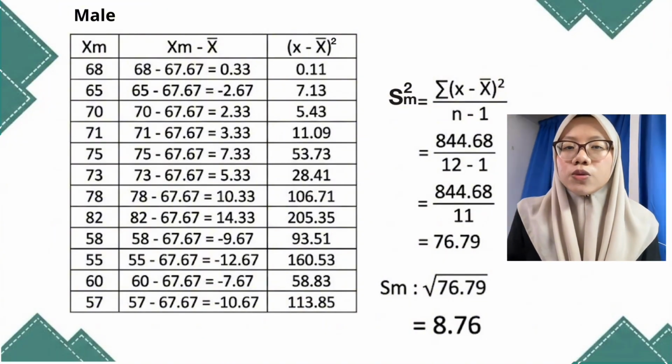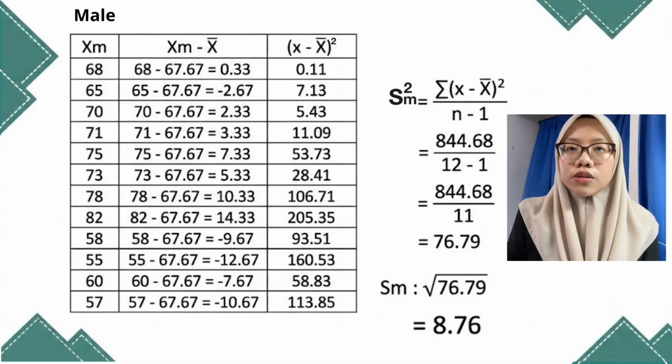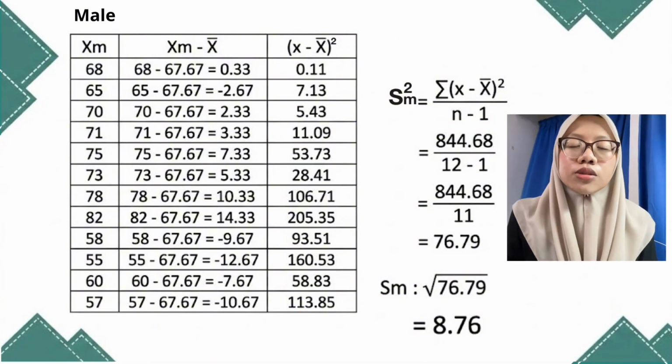All the squared values are added together, giving us a total of 844.68. Then, we divide this total by n minus 1, which is 11, to get the sample variance. Finally, we take the square root of the variance, and that gives us the sample standard deviation for the male group, 8.76.